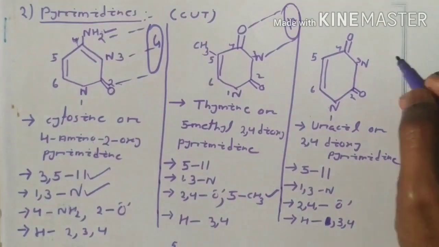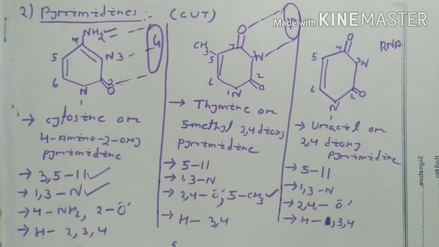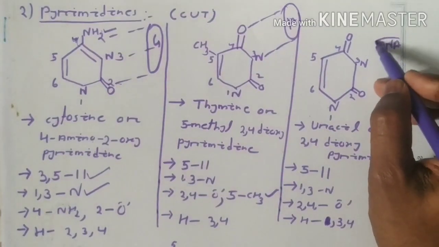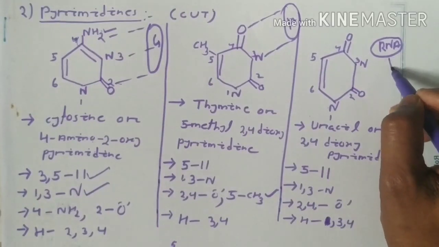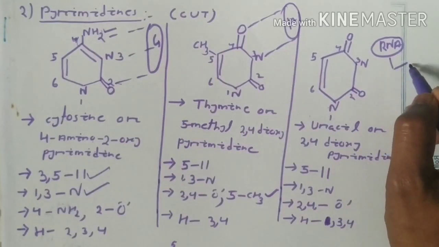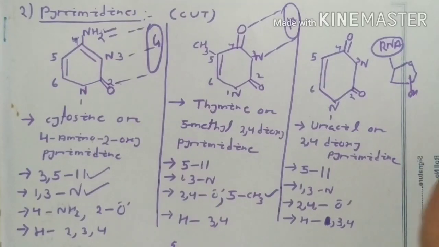Another is uracil. This uracil is present in RNA. So we can link it with oxy, that is the sugar. The sugar containing this uracil will be in oxy form, that is in the 3' position there will be complete OH.